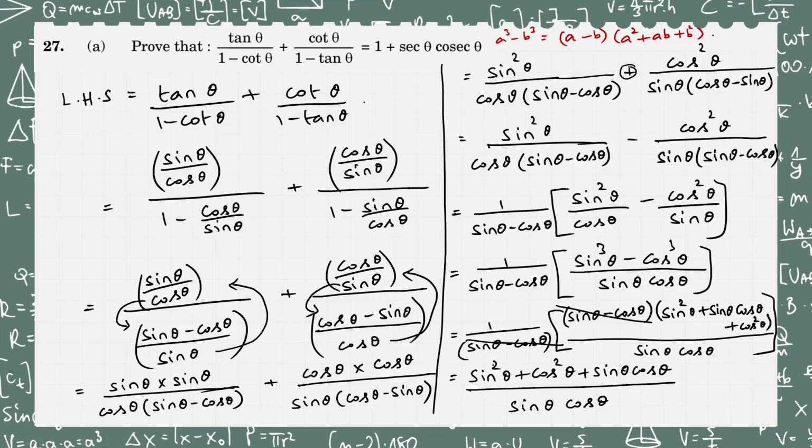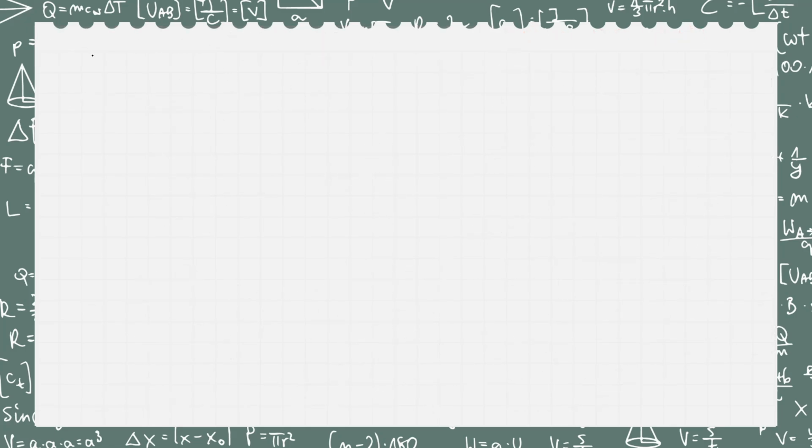And we know very well by an identity that sin square plus cos square equal to 1, right? So these two we can write as 1, right? So the numerator becomes 1 plus sin theta cos theta divided by sin theta cos theta. So that is equal to 1 plus sin theta cos theta divided by sin theta cos theta.